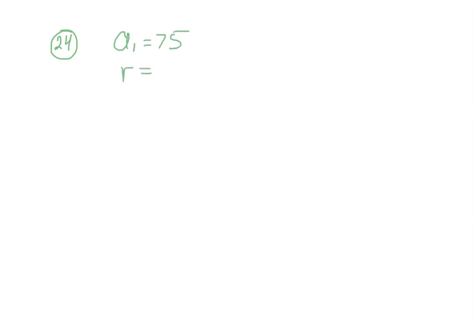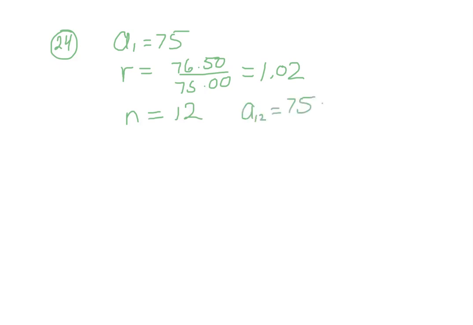R, we're going to take 76.50 divided by 75, and that is going to give us 1.02. And N equals 12. So we're going to say A12 equals A1 times R to the 12 minus 1.